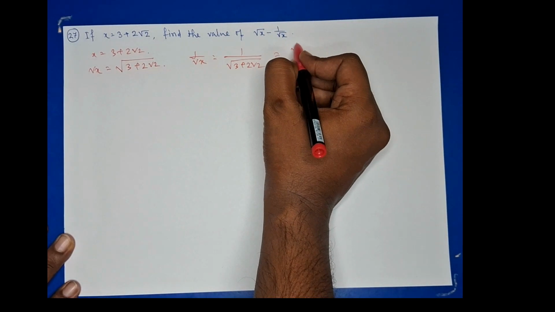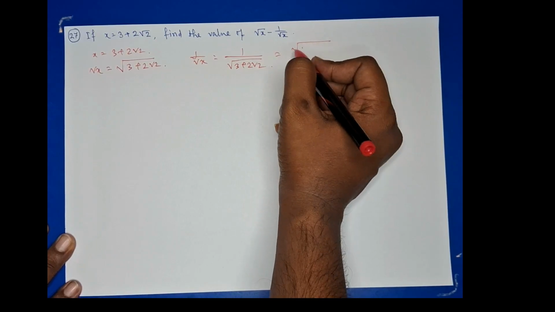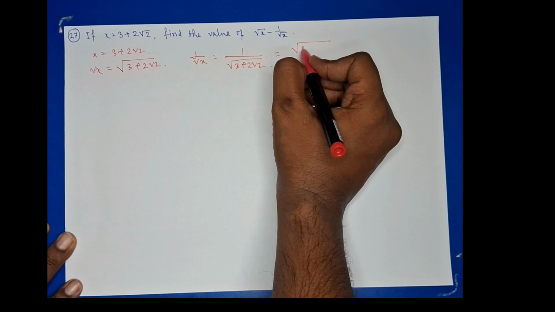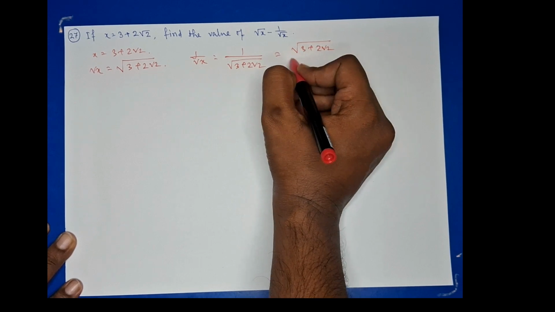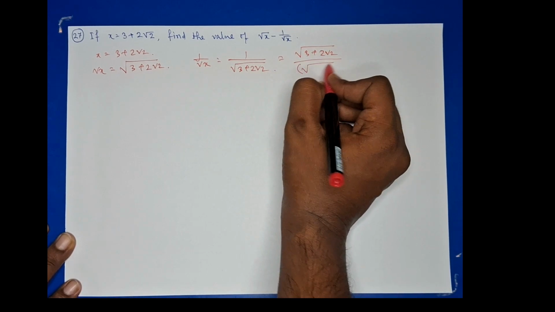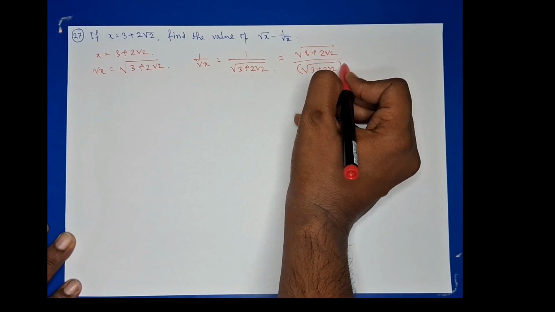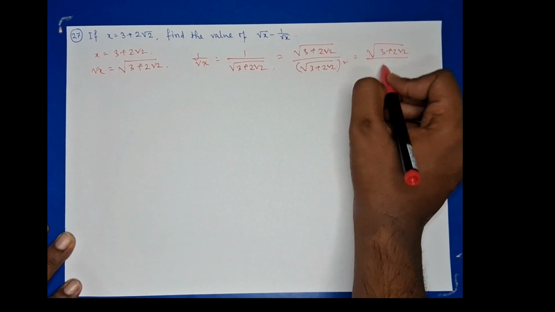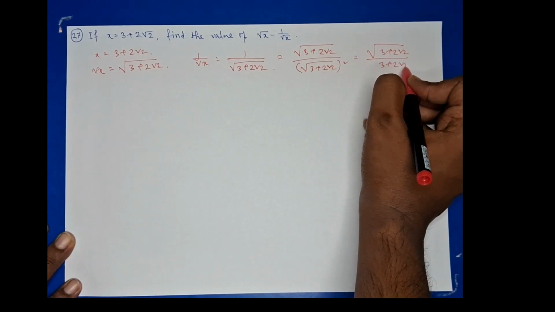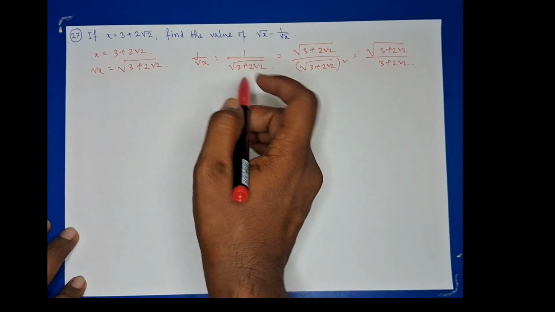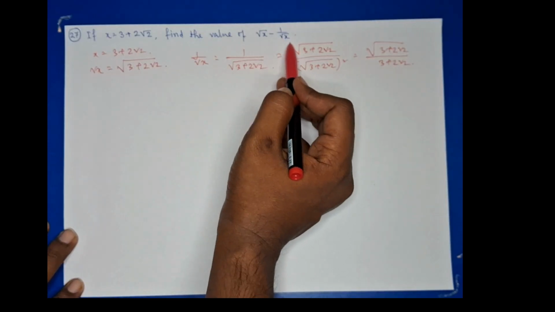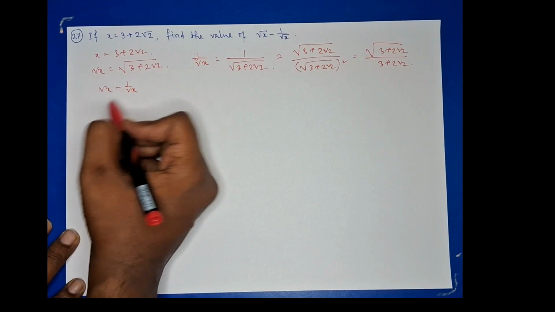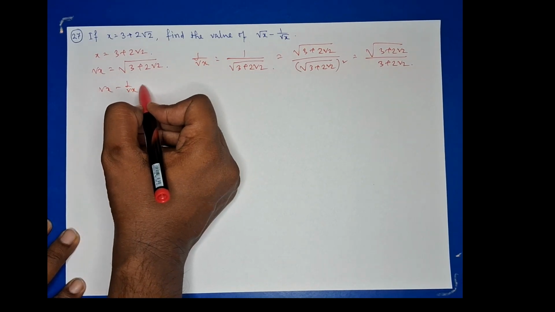How to rationalize? It will be difficult to rationalize these things. You have to multiply by the square root of 3 plus 2 root 2 whole squared, and then again rationalizing will be difficult, and ultimately you will not get the value of root x minus 1 by root x.